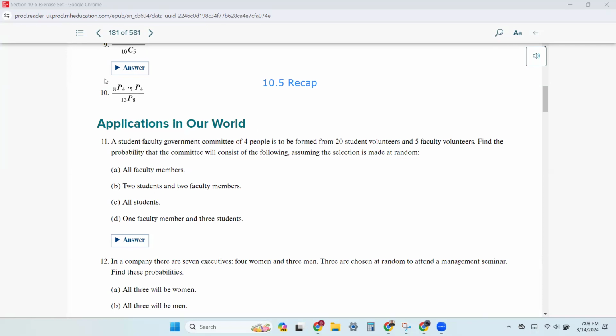And it's going to be formed from 20 students and 5 faculty, and those combine to be 25. So r is equal to 4, n is equal to 25.